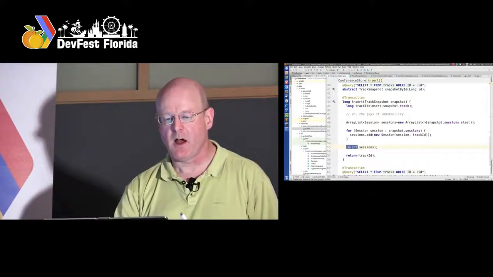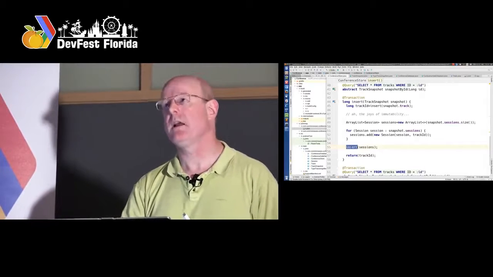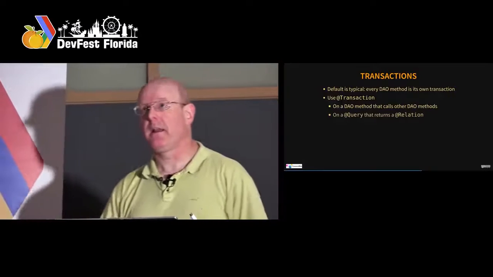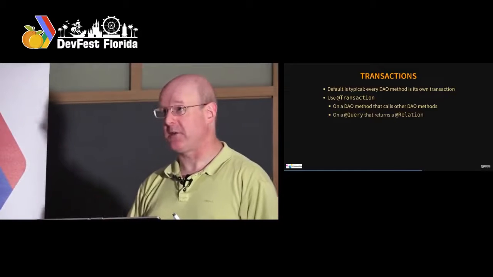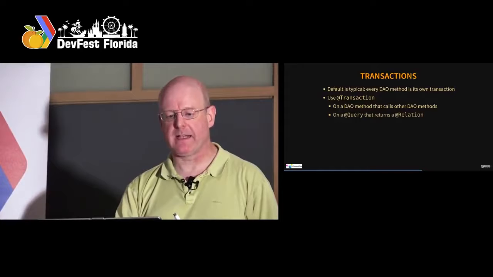You have some other Java logic that you're wrapping around some other more primitive DAO methods, and you're trying to have the whole thing in a transaction. If you have query annotated methods that return relation objects, such as my track snapshot having a relation, you want to make sure that query has the transaction annotation around it.